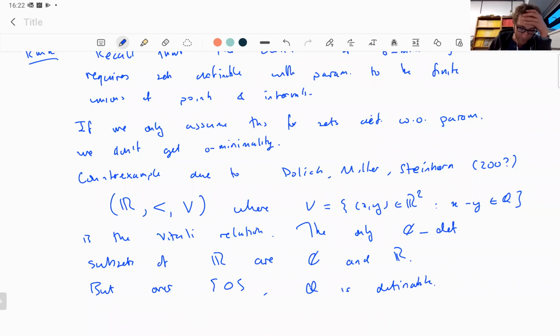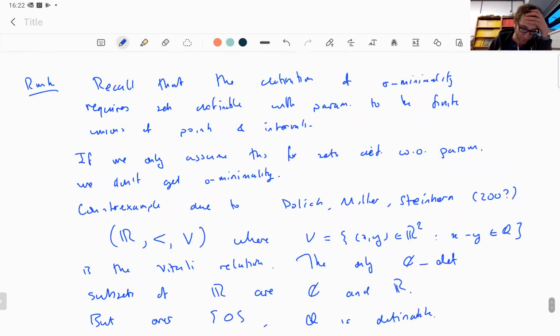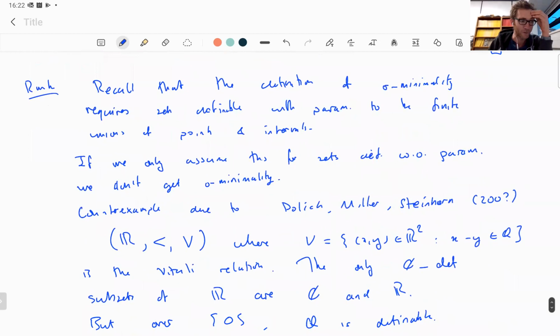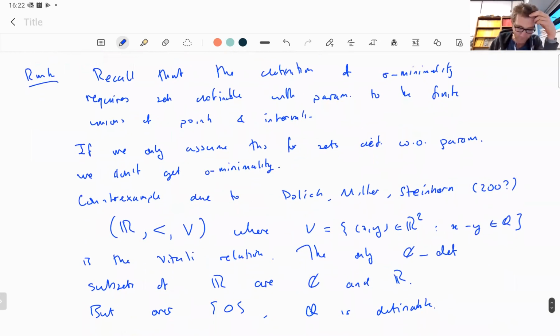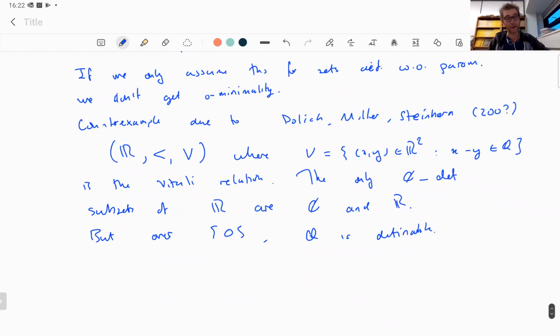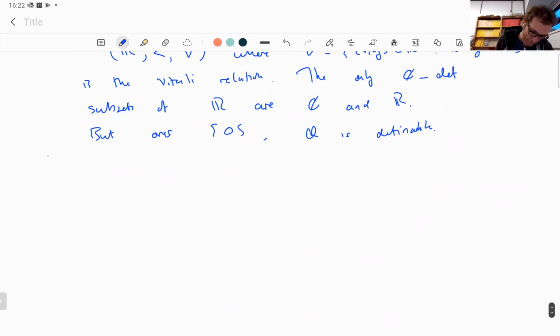Okay. So now I was going to go back to cell decomposition and point out a consequence for connectedness. In our setting, where we have just a dense linear order, an interval might not be connected topologically.